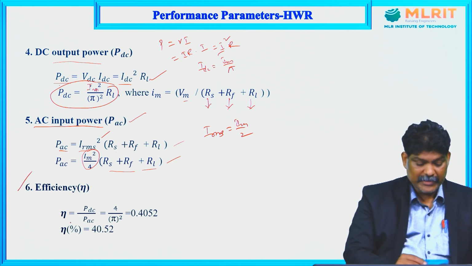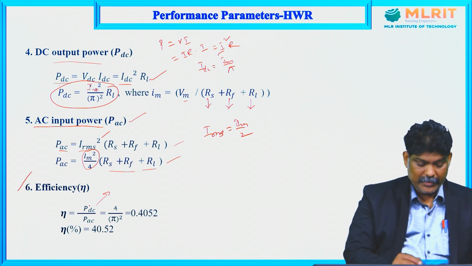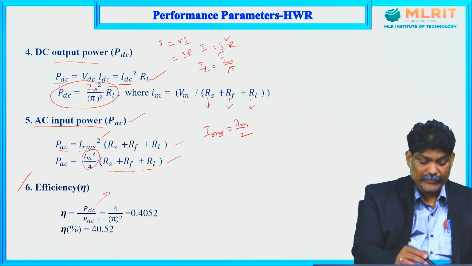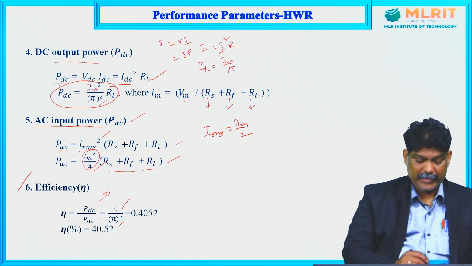Similarly, efficiency. What is efficiency? Eta is equal to DC output power by AC input power. If you substitute all these values, we will get 4 by pi square. 4 by pi square means 0.4052, so in percentage we can say 40.52.